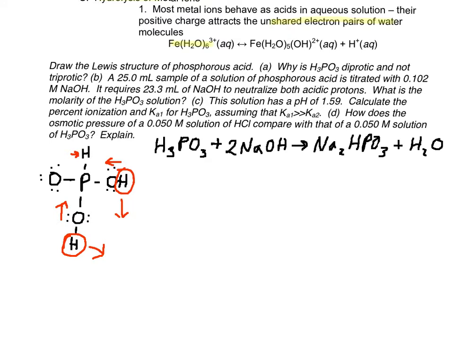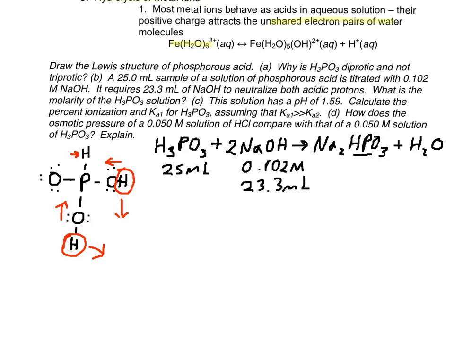Notice that my anion here is HPO3, not just PO3. And it says in the problem we have 25 milliliters of this solution. It says the molarity of the NaOH is 0.102 molar, and that it requires 23.3 milliliters.